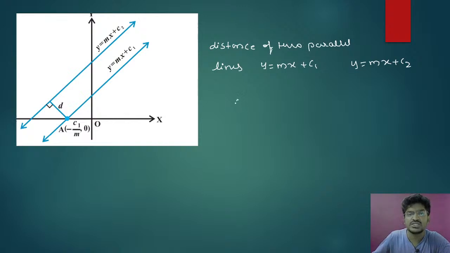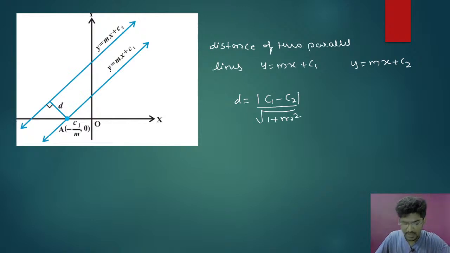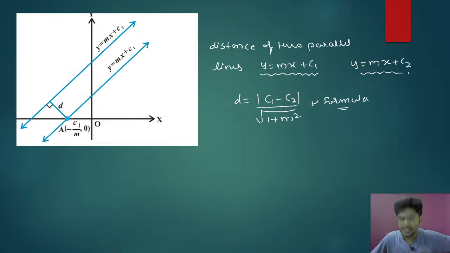So now the distance d will be equal to mod of c1 minus c2 divided by the square root of 1 plus m square. This is the formula when the lines are given in the form y equal to mx plus c1 and y equal to mx plus c2.